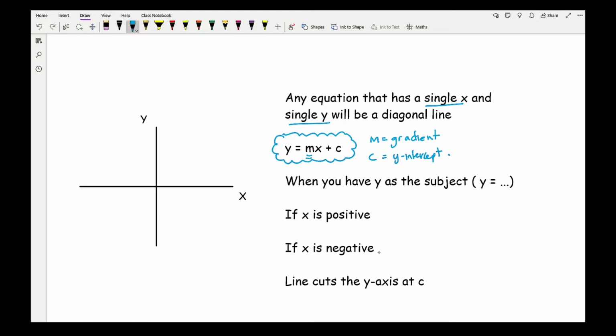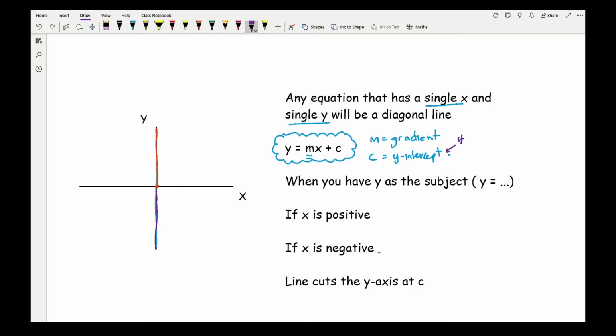And then c is basically the value along the y-axis of where the diagonal line will cross that blue line. So if c is positive, it's going to be somewhere above the x-axis, and if c is negative, then it's going to be somewhere below the x-axis. And again, it's probably worth writing down.